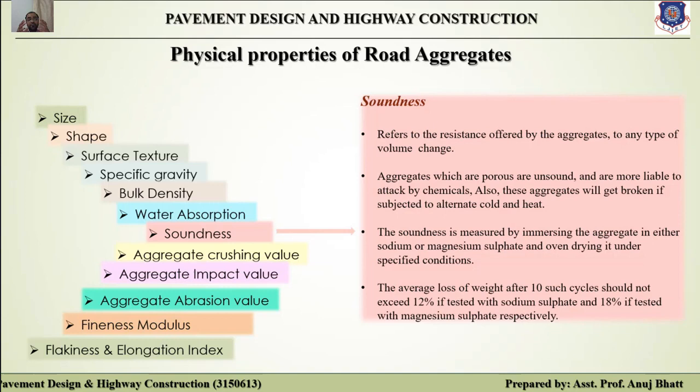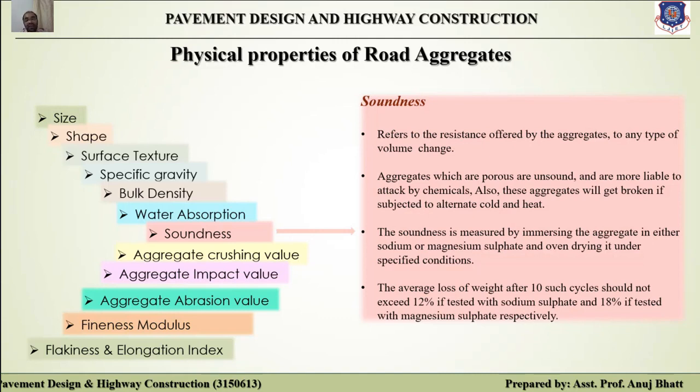So the volume change that may be in temperature, that may be in alternate wetting and drying in the drinking water, or maybe in alternate wetting and drying in the sea water.